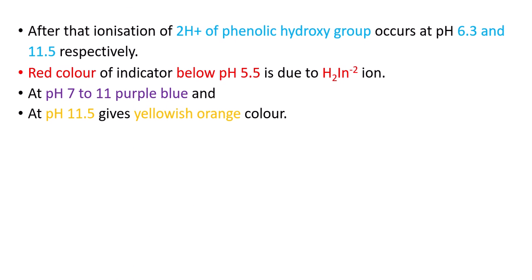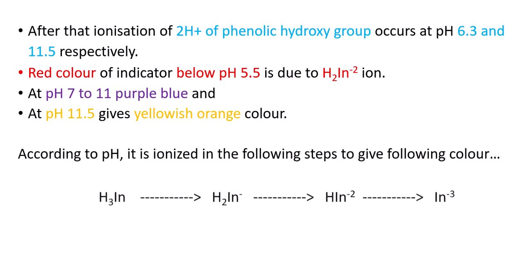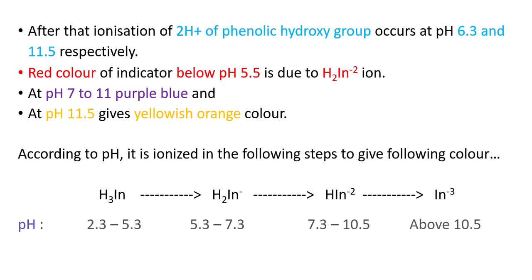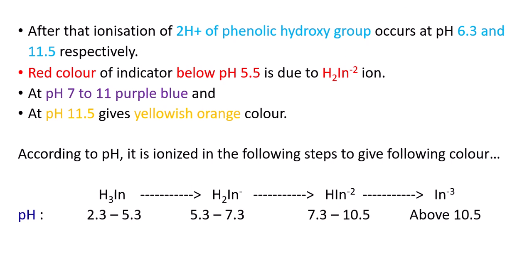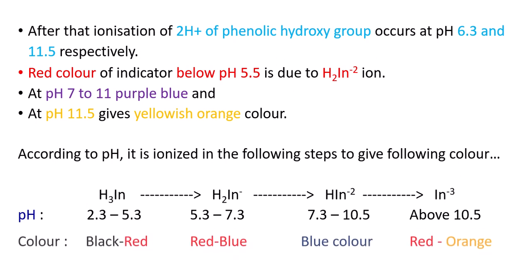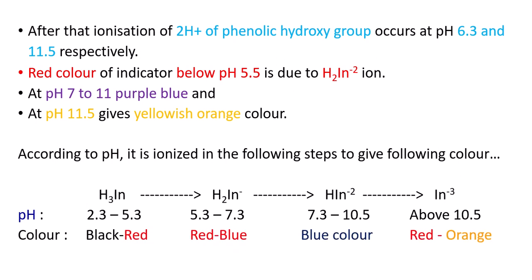We will see this. At pH 7 to 11 it shows purple blue color, and above 11.5 it gives yellowish orange color. It is the stepwise ionization, that is H3In ionizes to H+ plus H2In- within pH range from 5.3 to 7.3, and a red blue color we get.